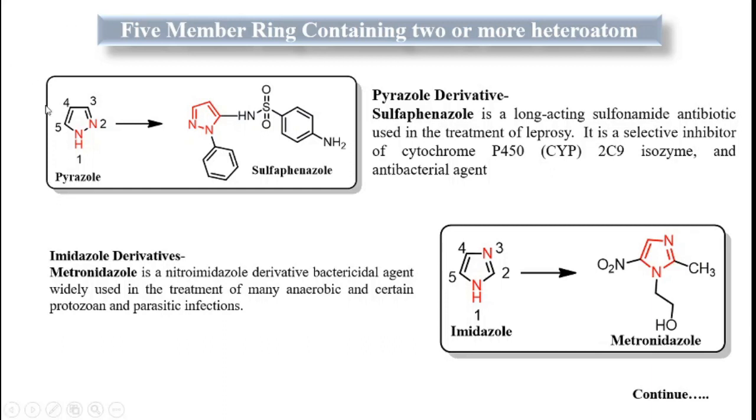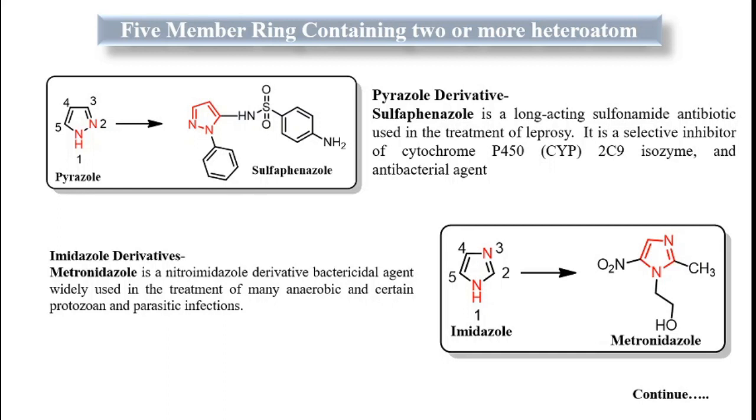Pyrazole is a five-member ring which contains two nitrogens at position numbers 1 and 2. Hence, it is called pyrazole. This is the explanation of pyrazole. Or in the case of imidazole, you can say that imidazole is a five-member ring which contains two nitrogens at position numbers 1 and 3. Hence, it is called imidazole.